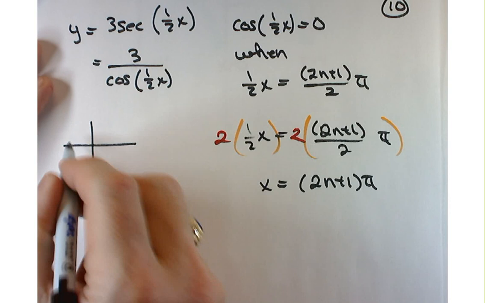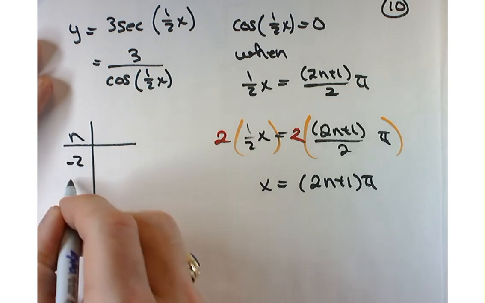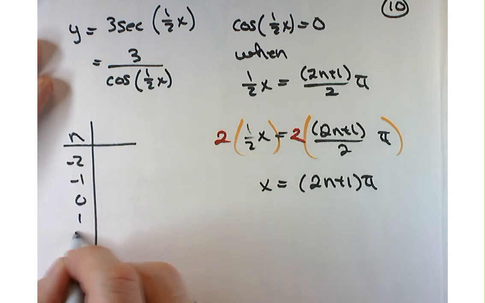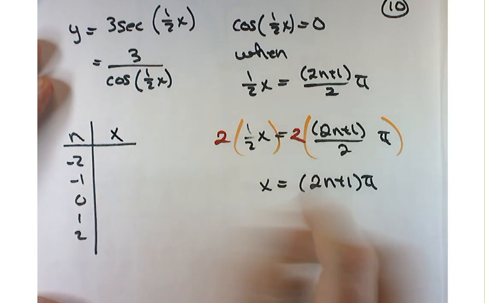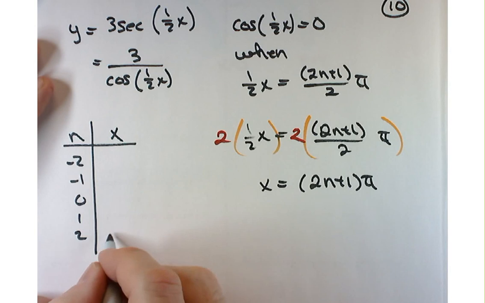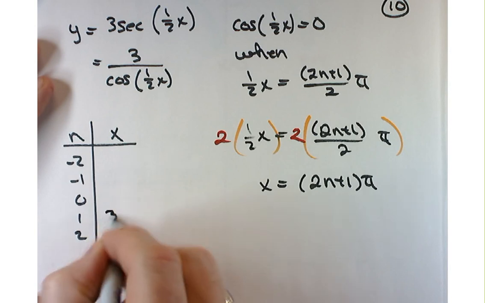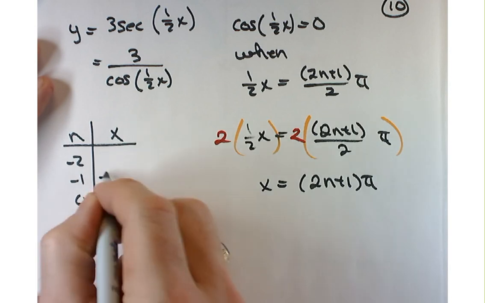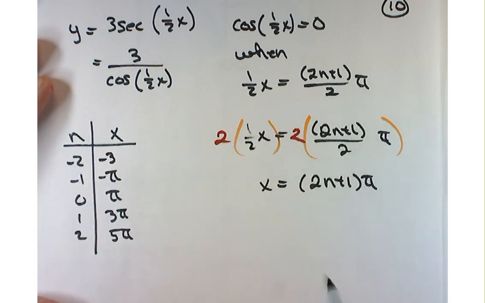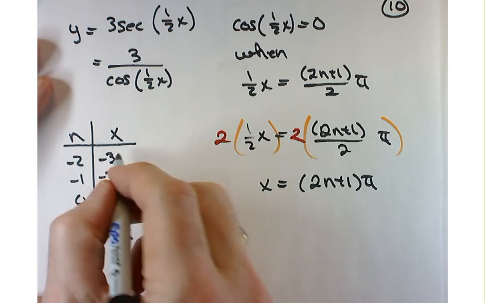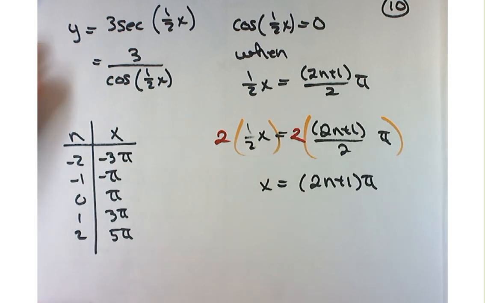We can see that by checking out what happens to this little slate of points. These values of n give me x is 5 pi, 3 pi, pi, negative pi, and negative 5 pi. No, negative 3 pi. There we go. So those are going to be your vertical asymptotes.